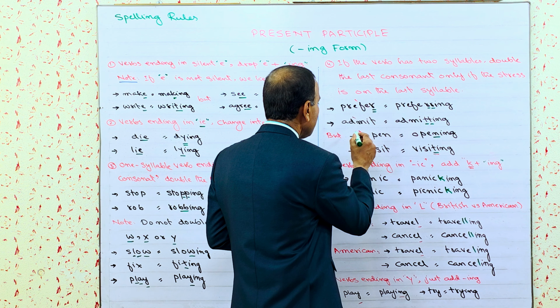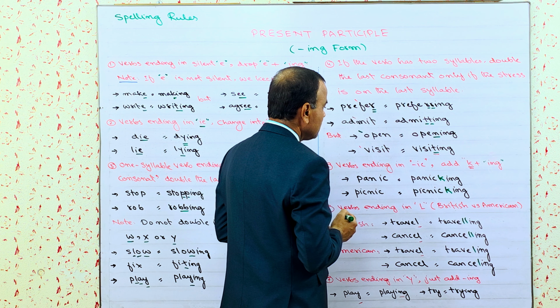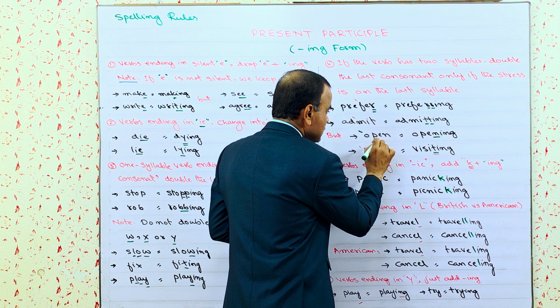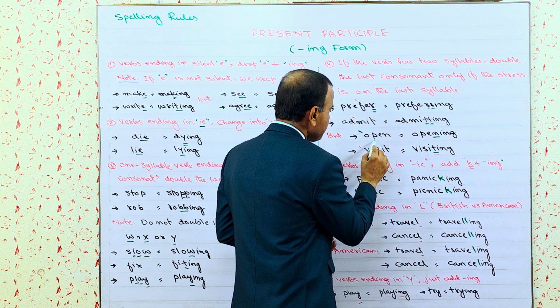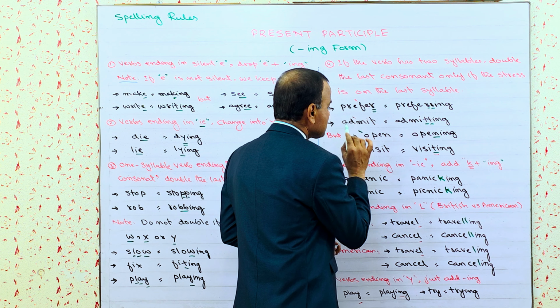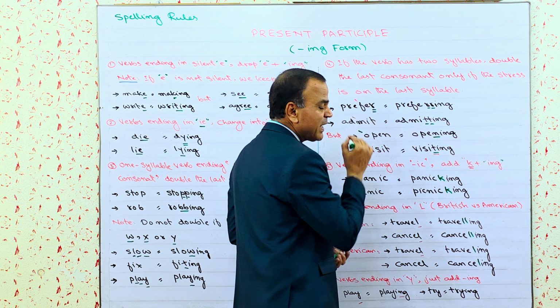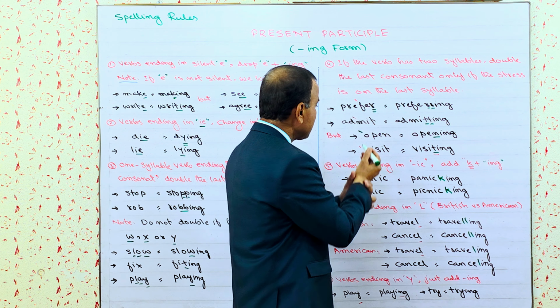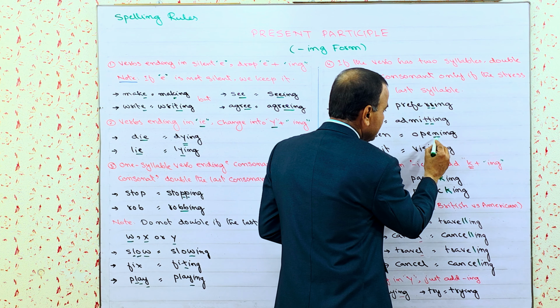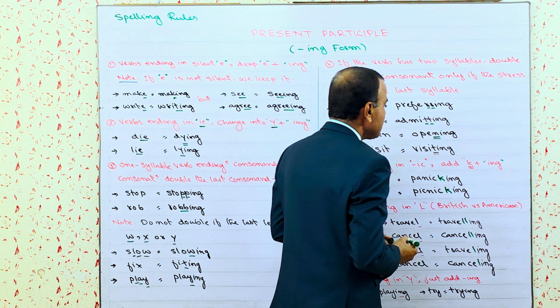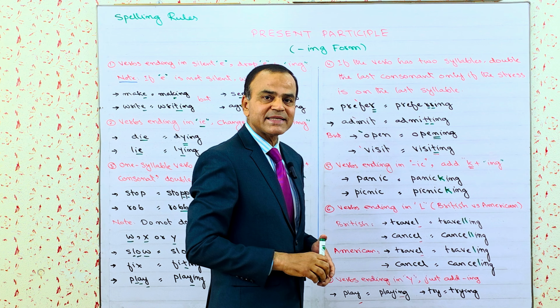My stress is on O. And it has 2 syllables. Again, the formation is the same, that is consonant, vowel, consonant, but the stress matters here. The stress is on the first syllable, open. While adding ing, in this case, the last consonant will remain single.